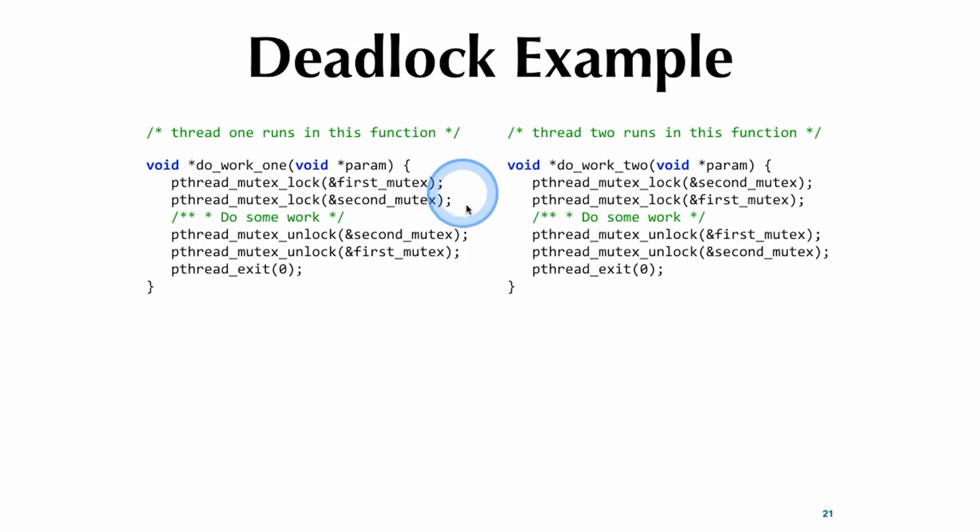It does involve a little bit of clever programming to make sure you request these resources in total ordering, because you can't just tell from first mutex and second mutex. They could correspond to things with higher or lower total ordering, because these are variables, right?